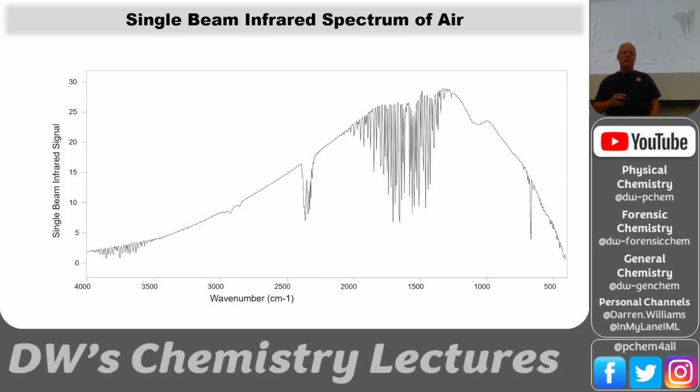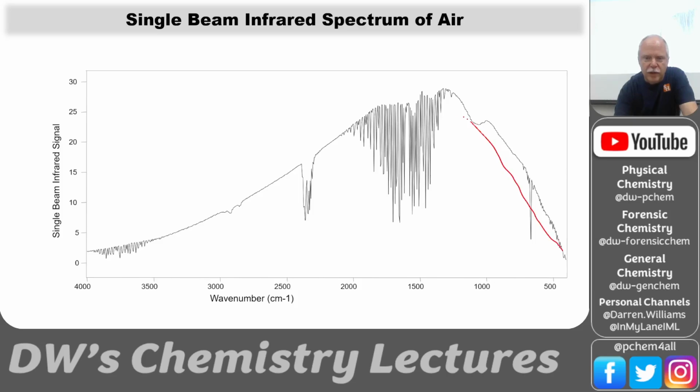So let's look at a single beam spectrum of air and see what we see just in air. So if we just have our hot source, our glowing ceramic resistor, sending infrared light through our spectrometer, the air in the spectrometer will absorb some of that light, and it hits our detector, and we get this. You know, this curve is very similar to a black body curve. The overall profile looks like Planck's law. I mean, the Planck distribution.